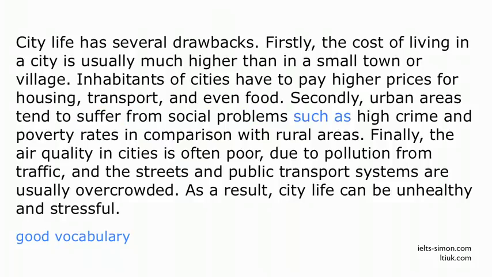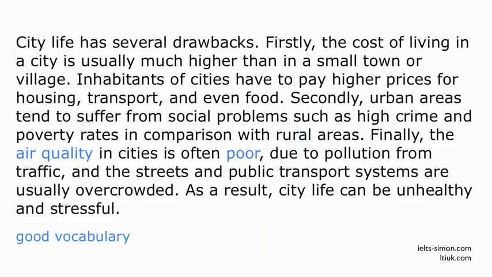I've used such as to introduce some examples. Crime rates and poverty rates are good collocations that you should know for IELTS. And I've made a comparison, in comparison with, that's a phrase that you should know. You can see that I've compared urban areas with rural areas.